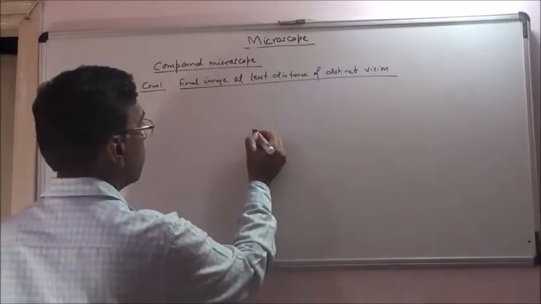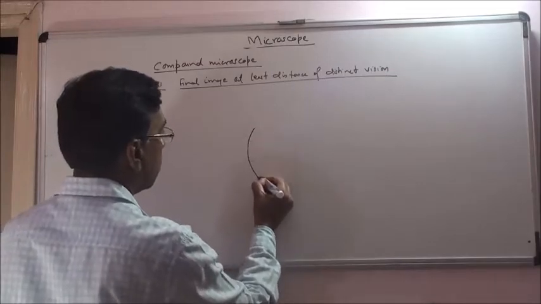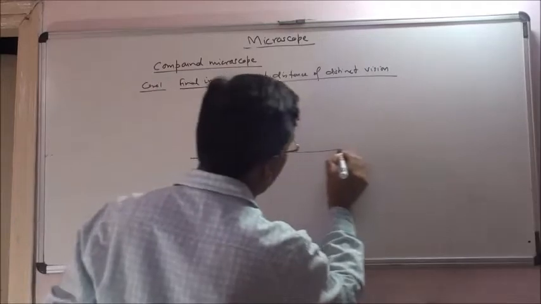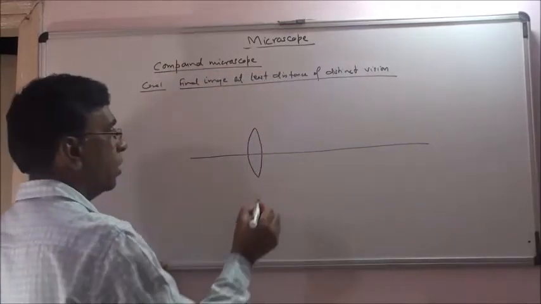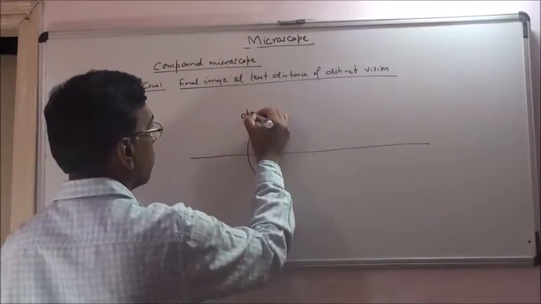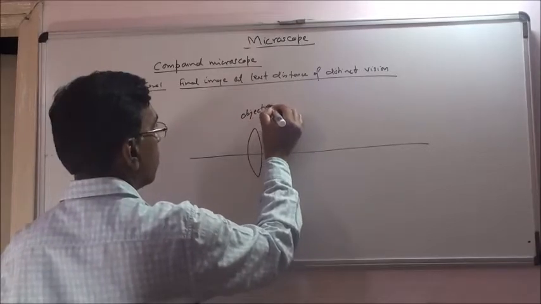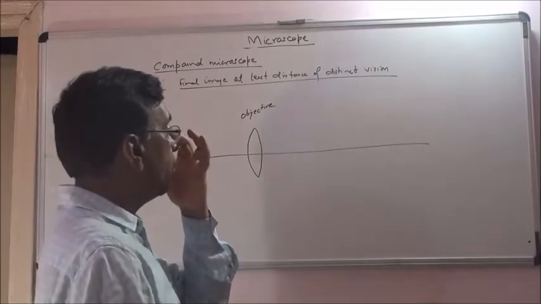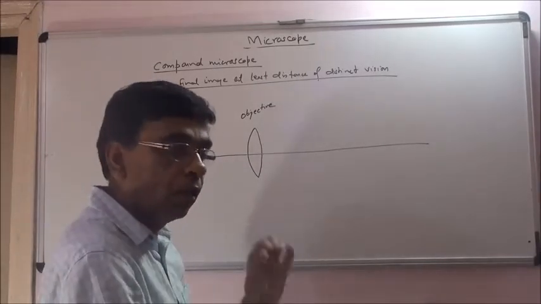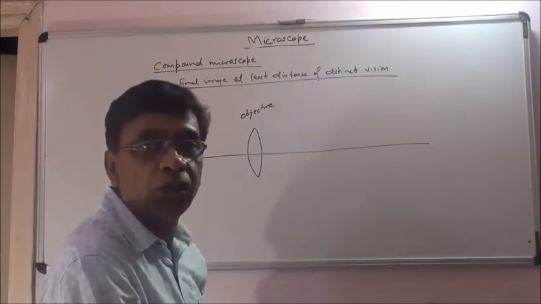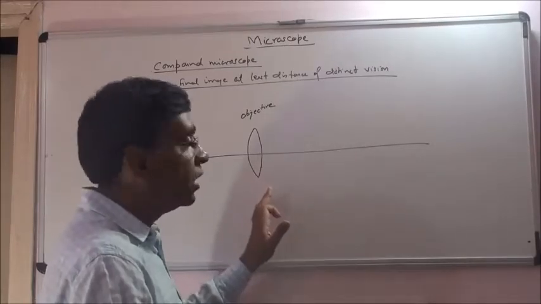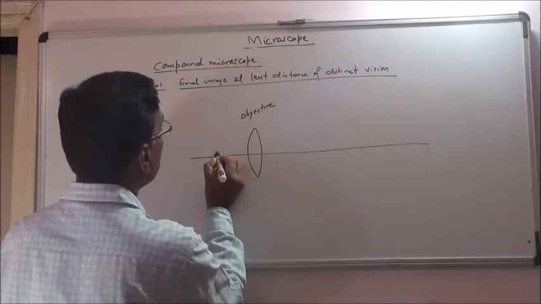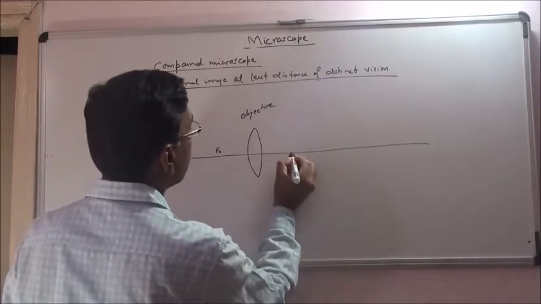Two lenses, one is called objective, another is eyepiece. The lens which is kept towards the object is objective, and keep in mind we are using microscope to see very small objects, so objective needs to be very small and also of less focal length.